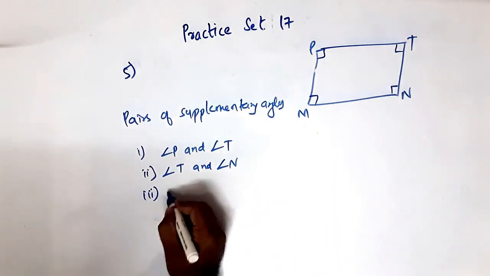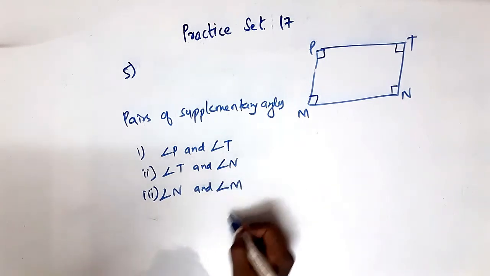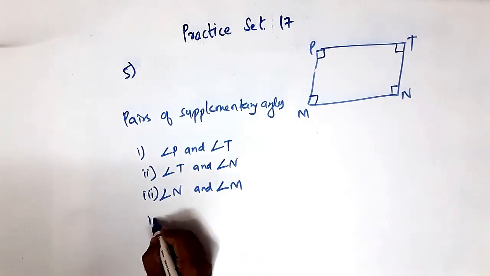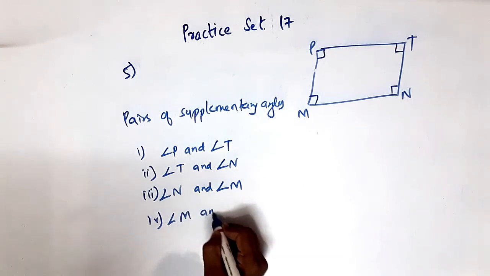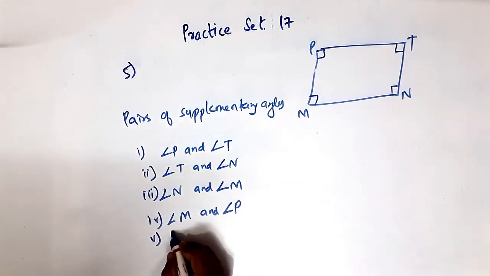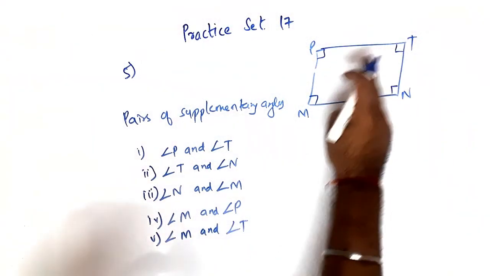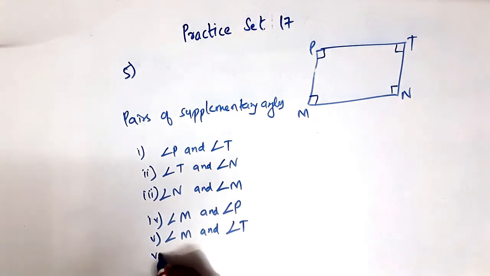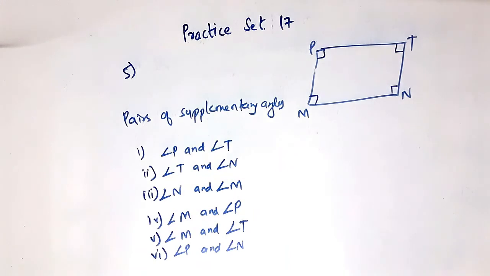Then I am taking angle N and angle M. Then I am taking angle M and angle P. Then you can see angle M and angle T, and I'll take this one, angle P and angle N. So we got 6 pairs of supplementary angles.